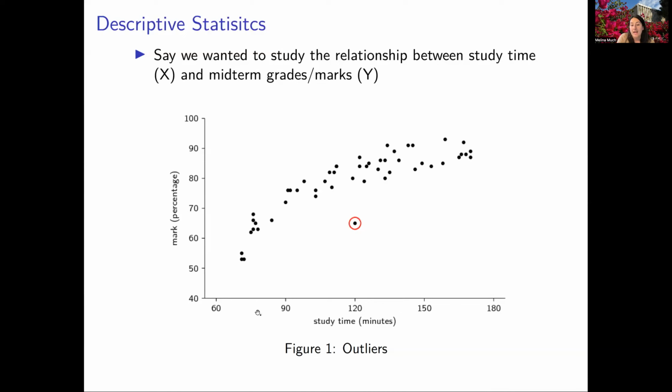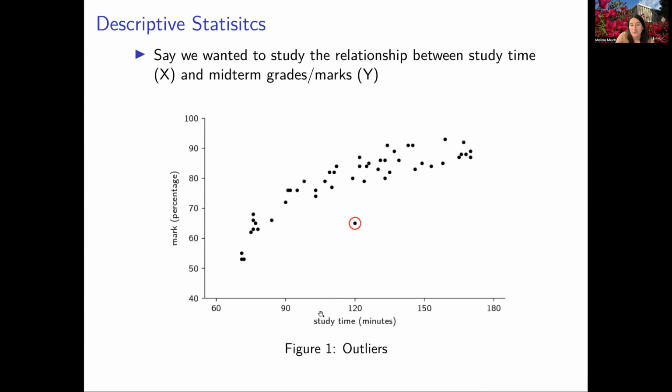And we see that on the x-axis, as study time increases going from 60 to 180, as that person studies more, they get higher grades on average. So those who studied less, in the 60 to 90 minute range, got pretty low grades, between like 50 and 70.